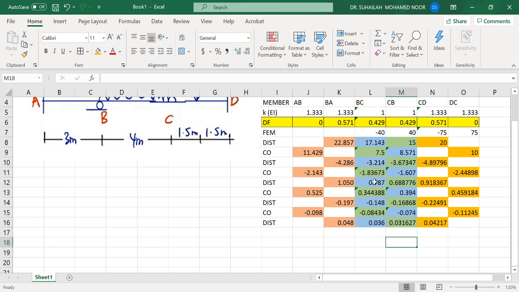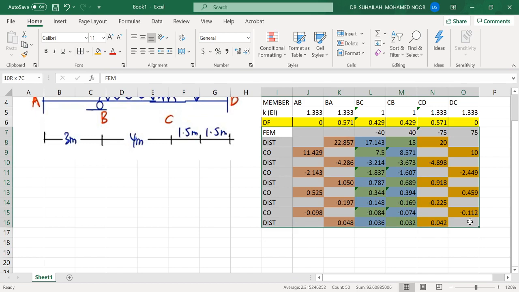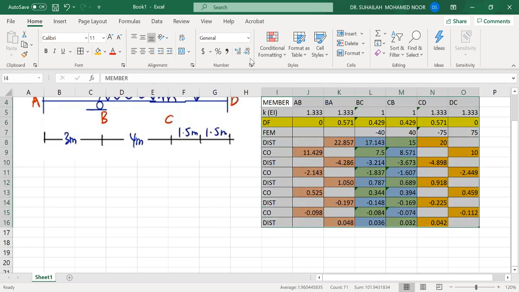Now I want to set decimal point for this one and this one, this one, as well as this, as well as this. Now we have finished.